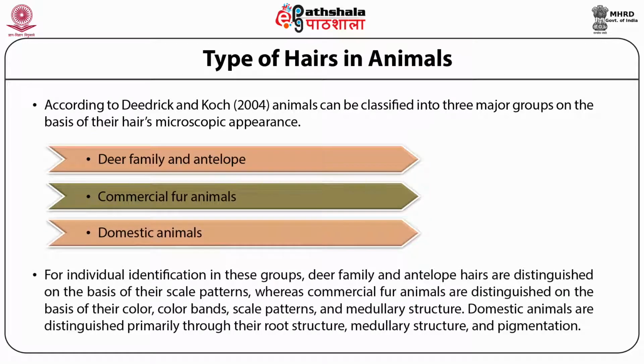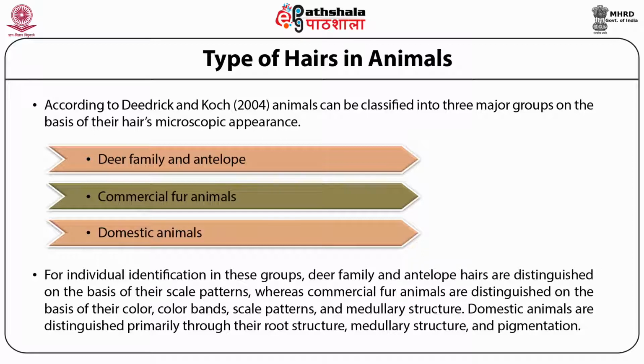For individual identification in these groups, deer family and antelope hairs are distinguished on the basis of their scale patterns, whereas the commercial fur animals are distinguished on the basis of their color bands, scale patterns, and medullary structure. Domestic animals are distinguished primarily through their root structure, medullary structure, and pigmentation.